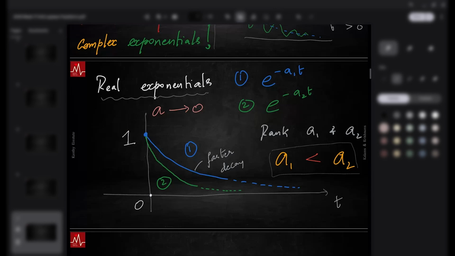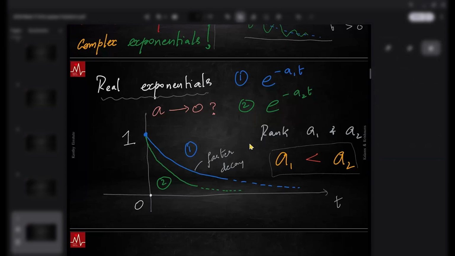In the limit, what do we get? What happens if this coefficient is too small? It decays slower. Where does it eventually go? When the coefficient is 0, where does it go? Infinity, no, this is e power 0 into t.